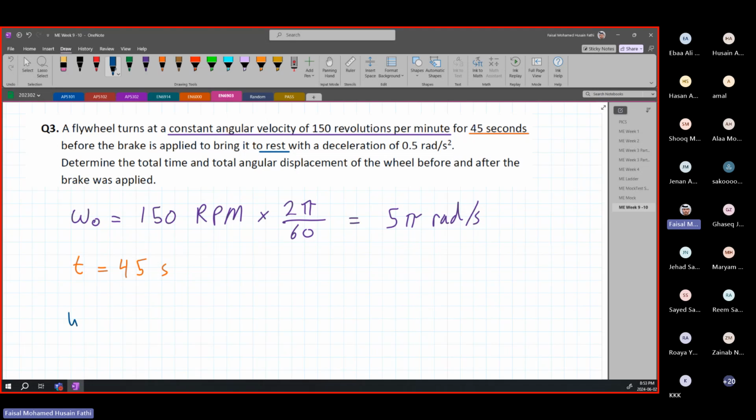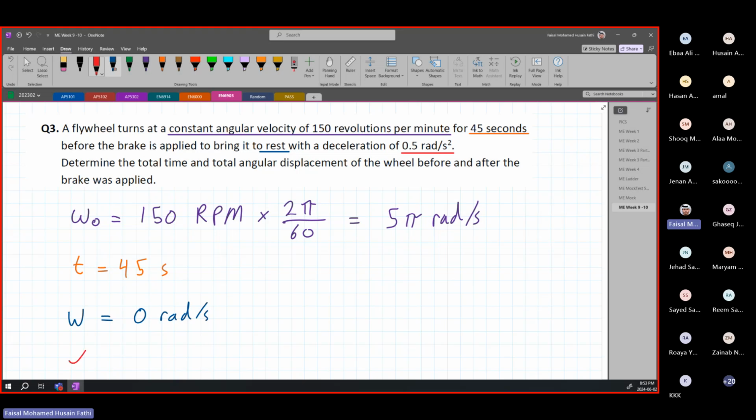So omega final is going to be equal to 0 radians per second. All right? With a deceleration of 0.5 radians per second squared. So this is our deceleration.